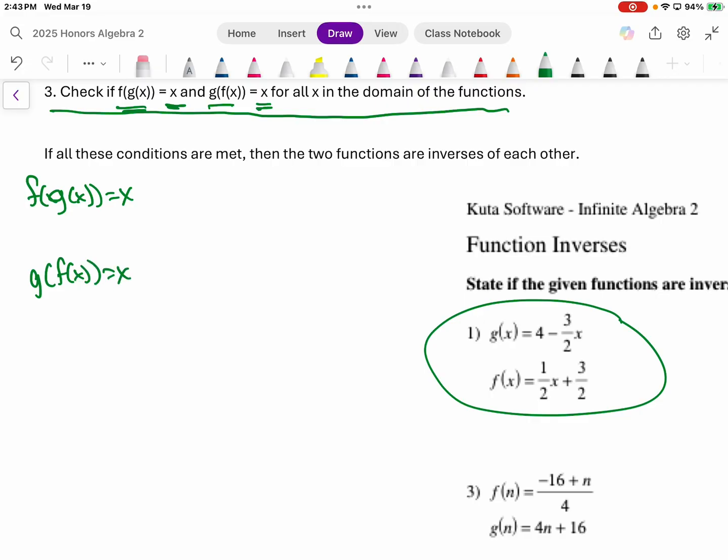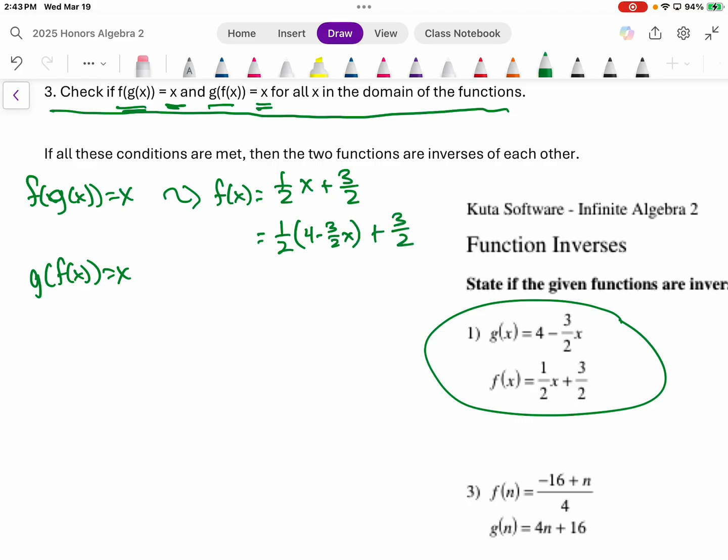So I'm going to do the first one. My f of x equation is 1/2 x plus 3/2. I now put the g equation in there. So 1/2, I put the g equation, 4 minus 3/2 x, plus 3/2.